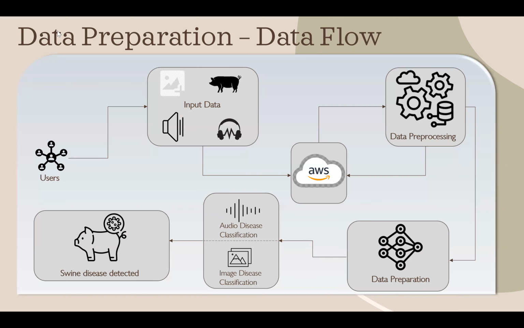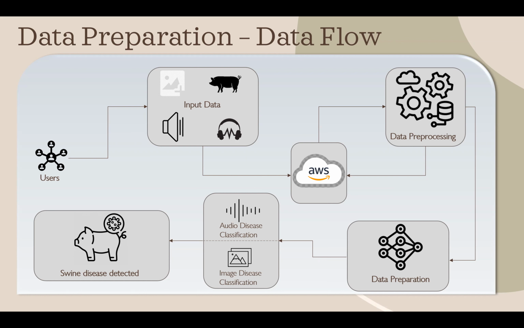The data flow diagram represents the flow of the data through various stages in the system to detect swine diseases using both audio and image data sets. The flow starts with the user inputting the data, either image or audio data, into the system. The data is stored in AWS, followed by the pre-processing stage. In the pre-processing stage, the data is cleaned, such as resizing the images or removing the noise in the audio data, and whatever required cleaning is done.